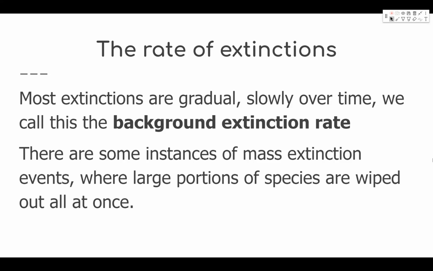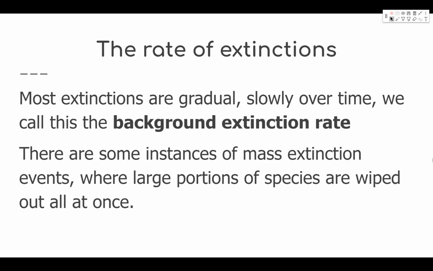But there are some instances called mass extinction events. Think meteor hitting Earth, killing all dinosaurs. That is a mass extinction event where a big number of species get wiped out all at once.